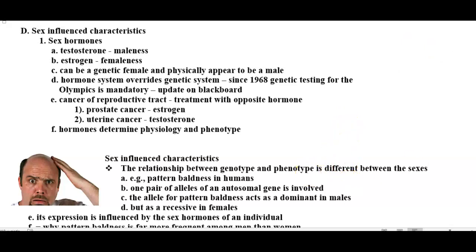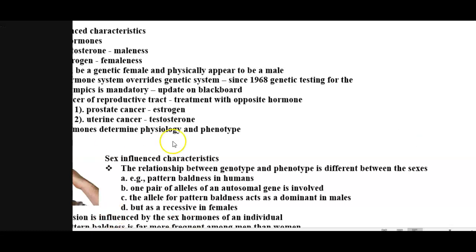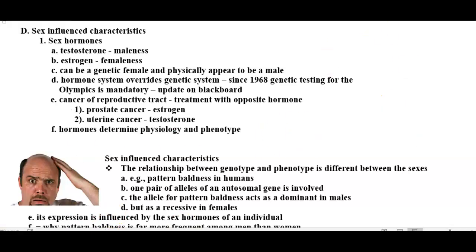Estrogen, breasts, higher voice. So you can be a genetic female and physically appear to be a male if testosterone kicks in during your development inside the womb. Or you can be a genetic male, and if testosterone does not kick in, then the male genitalia, etc. will not form.